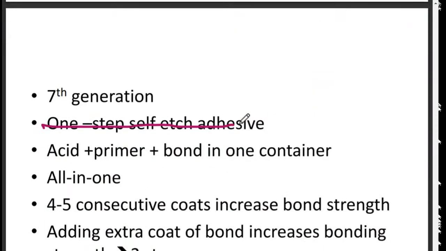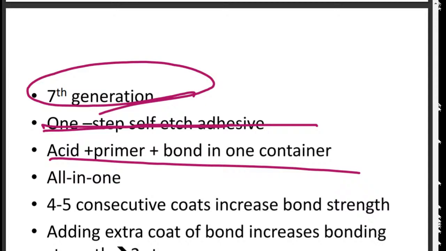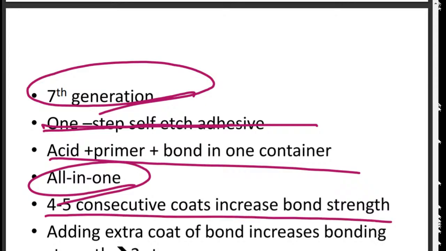Next slide. The seventh generation: one step, self-etch adhesive, prime plus bond in one container, all in one. Conservative coats and increased bond strength. Adding an extra coat of bond increases bond strength.